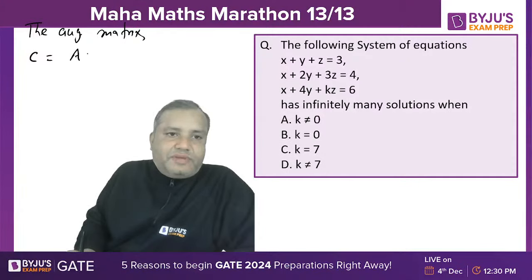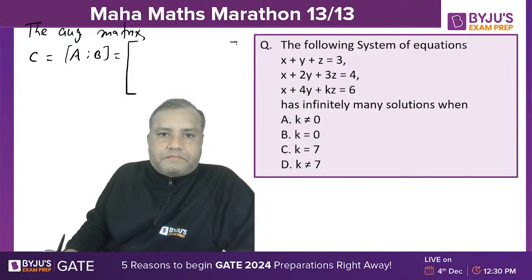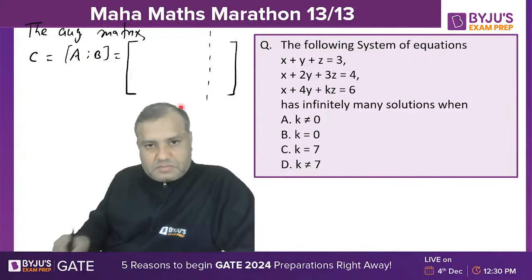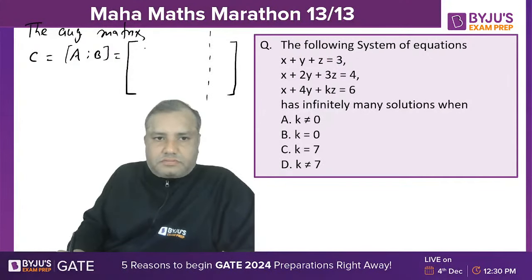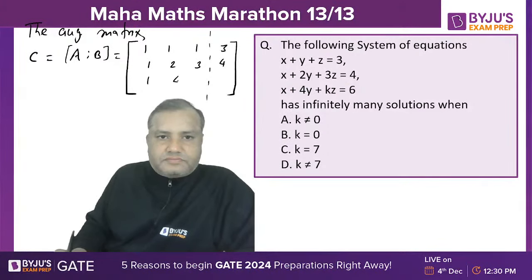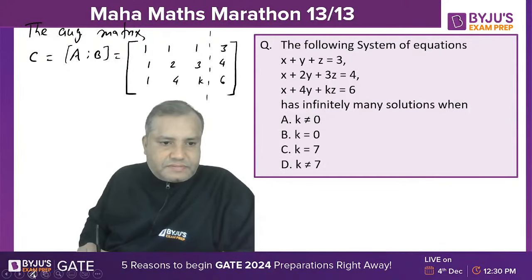C is A colon B. 1 1 1, 1 2 3 4, 1 4 K 6.